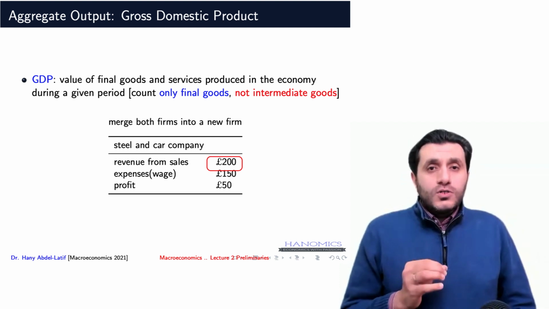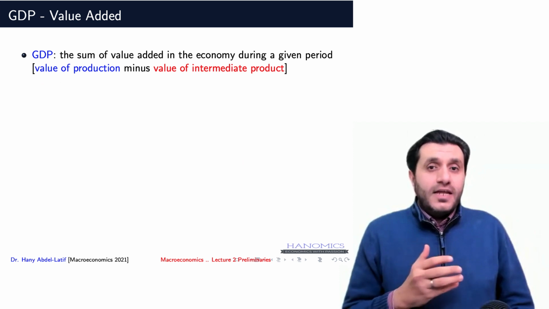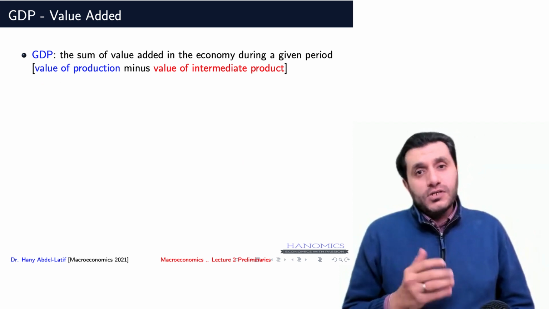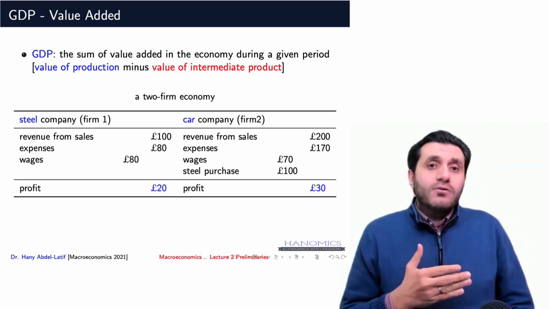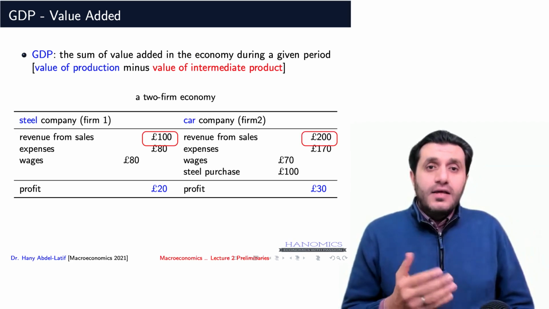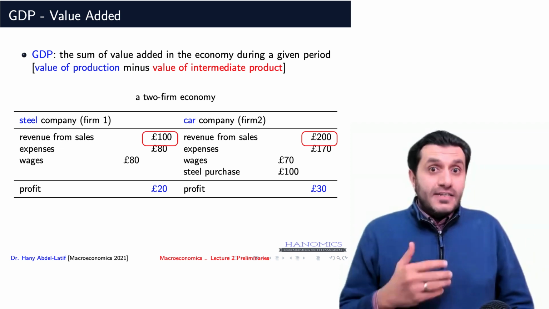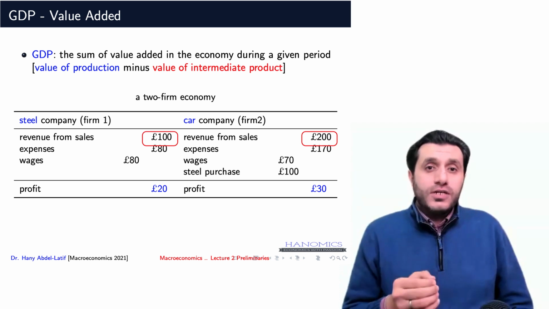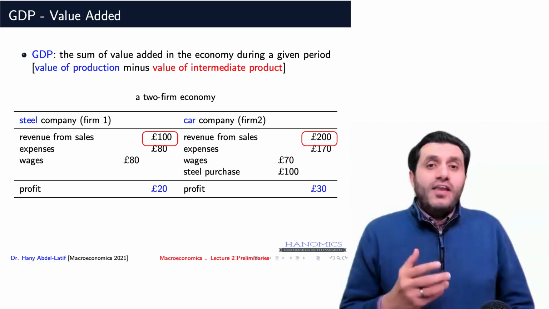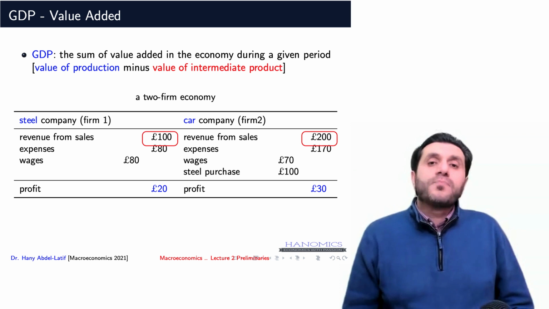Therefore, we could also think of GDP as the sum of value added in an economy during a given period. In our example, that would be £100 value added in Firm 1 plus £100 value added in Firm 2. That is assuming that Firm 1 did not need to buy raw material from another firm, meaning the value added for Firm 1 is the same as their sales.